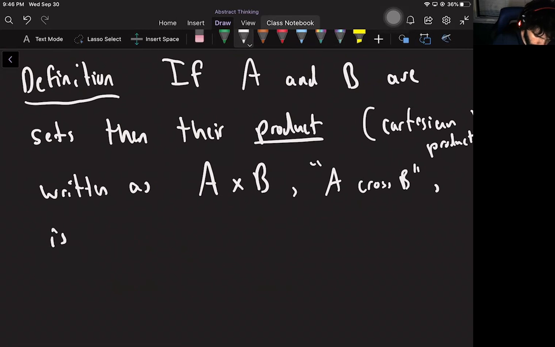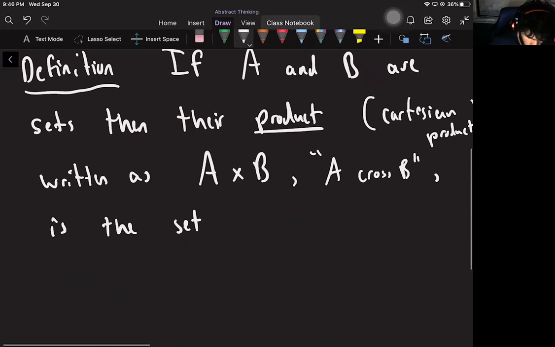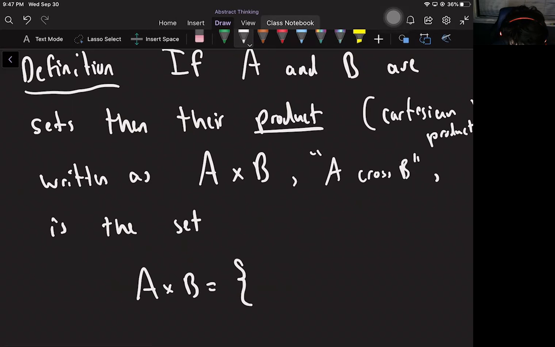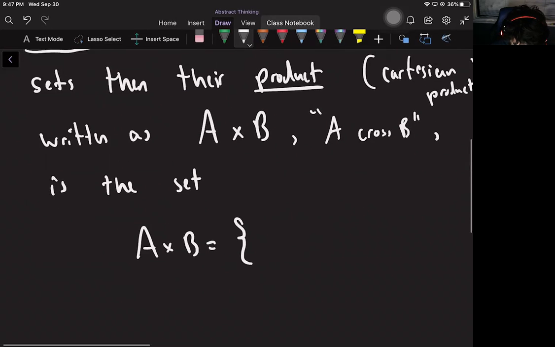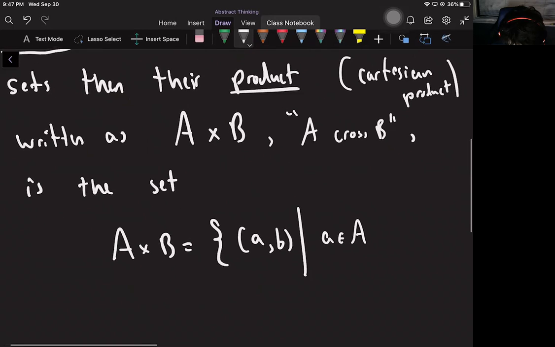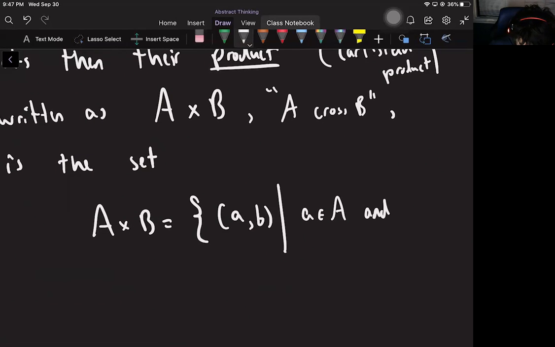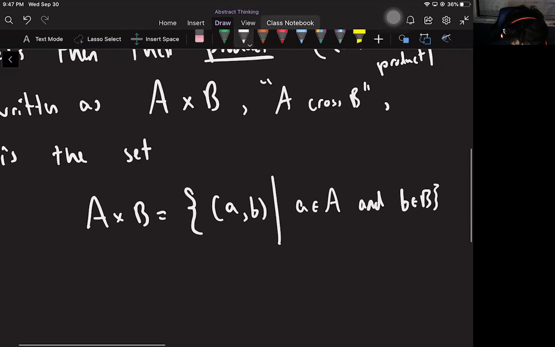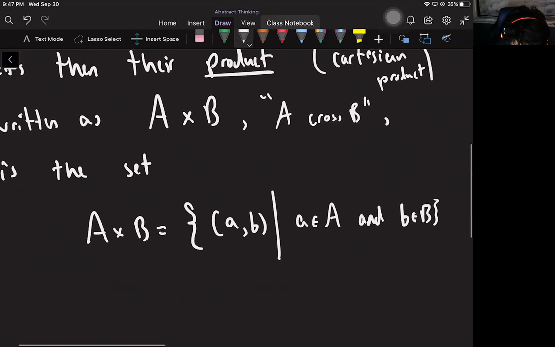So what is this thing? It's a new set that you get by taking A and B and combining them in some way. Here's where we say what that way is. We create all the possible ordered pairs where the first coordinate can only be things in A, and the second coordinate can only be things in B. So this is the set of all possible coordinates you can combine to get ordered pairs.